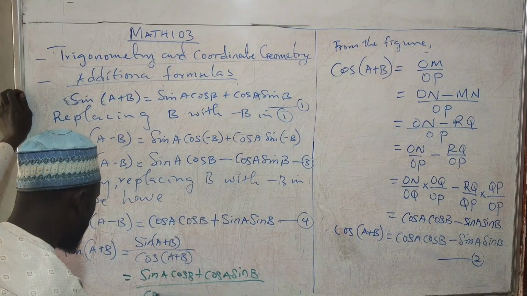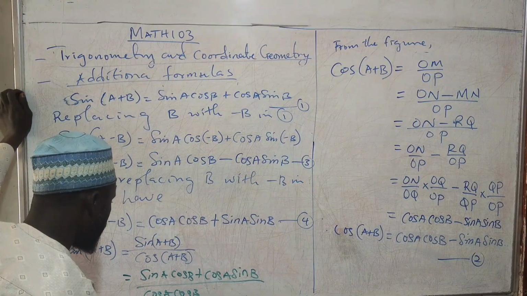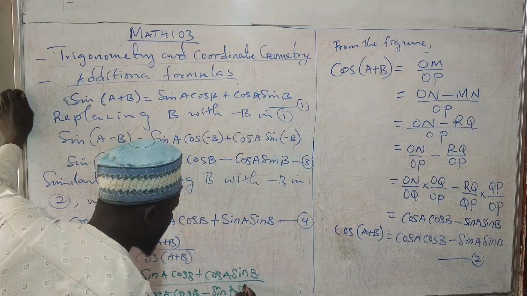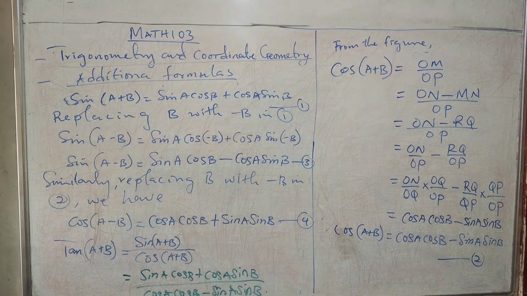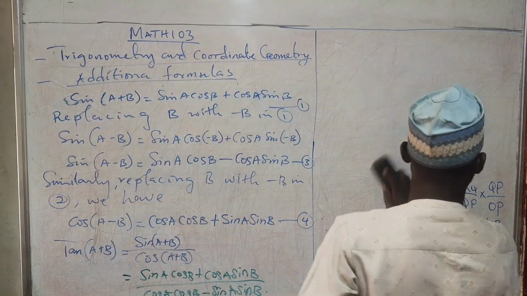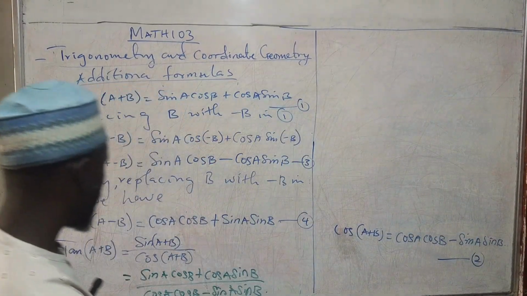This is equal to cos A cos B minus sine A sine B, from equations 1 and 2.